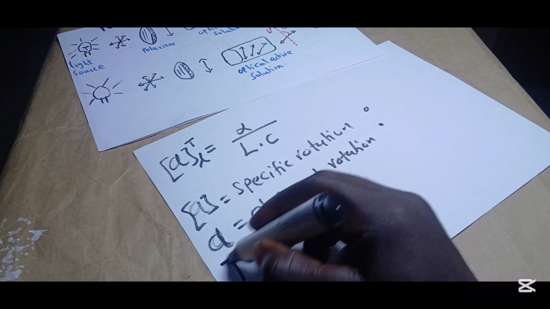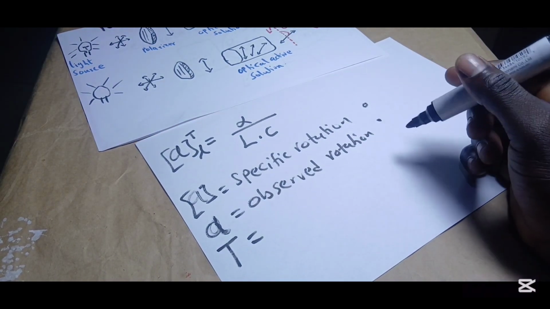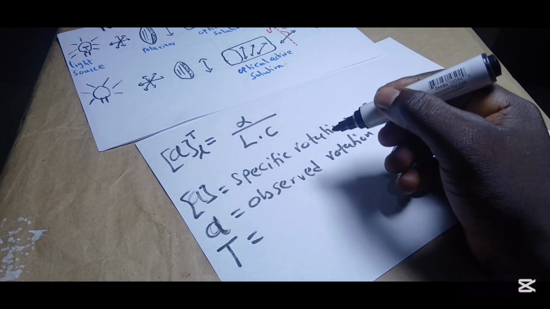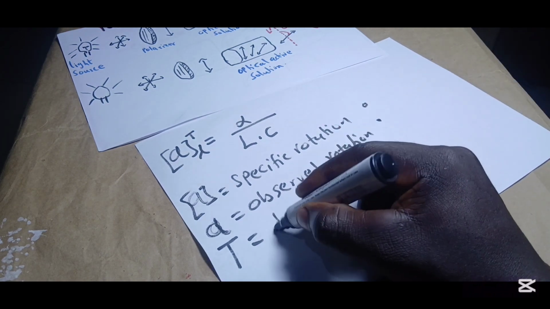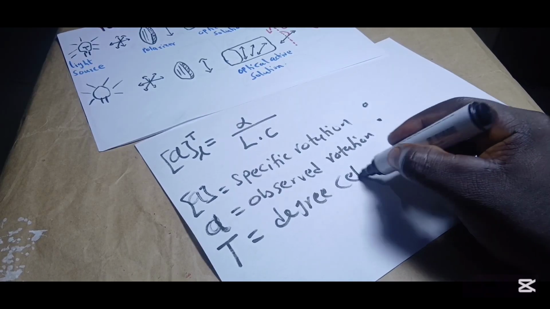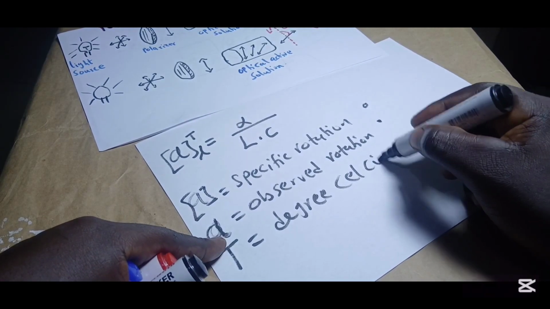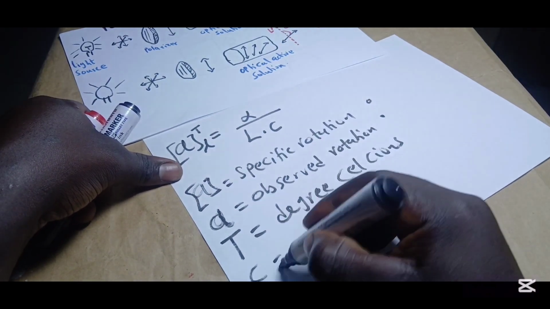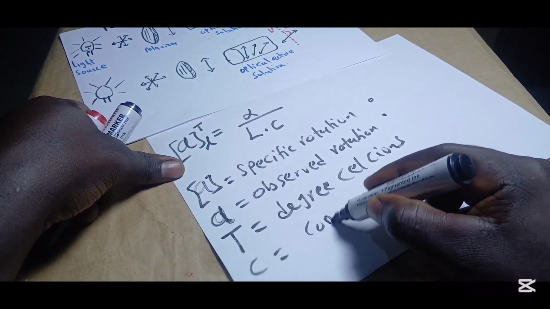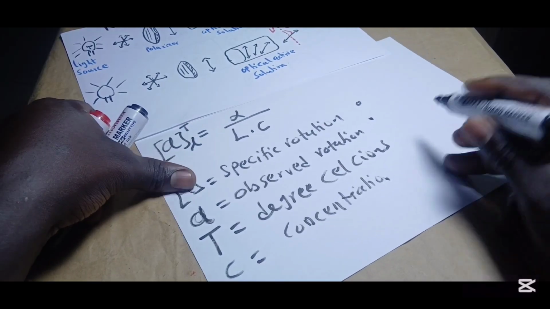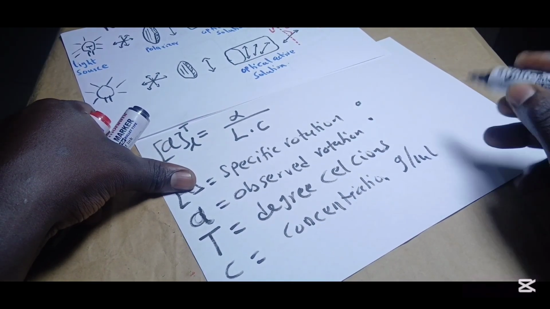T is temperature, in degrees Celsius. C is concentration, in grams per milliliter.